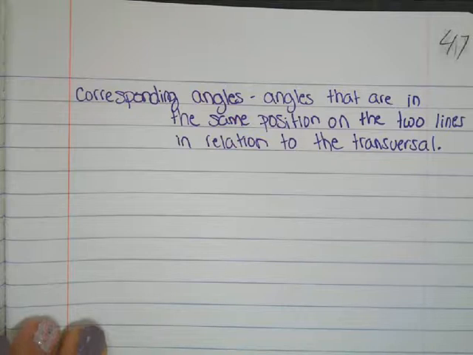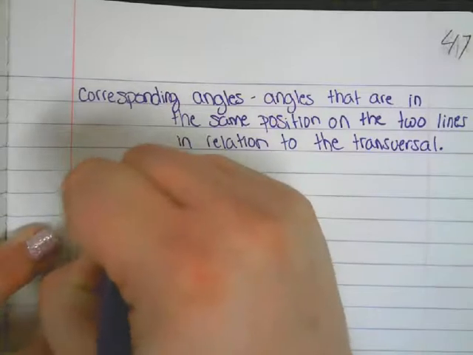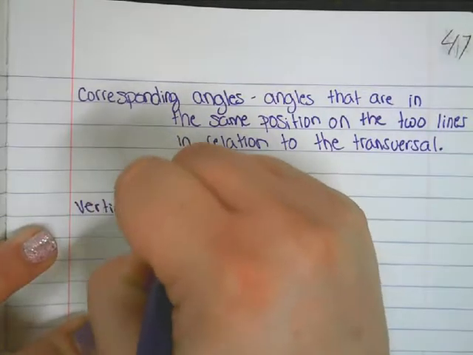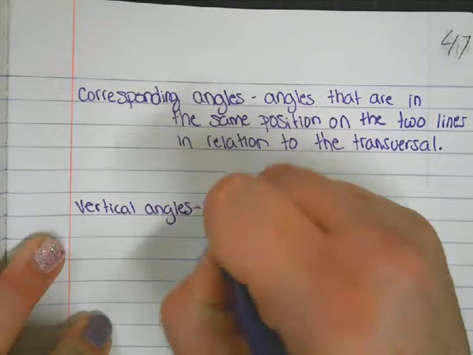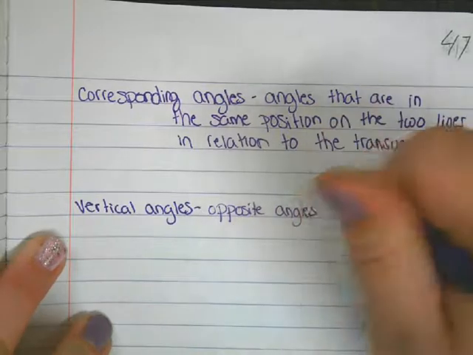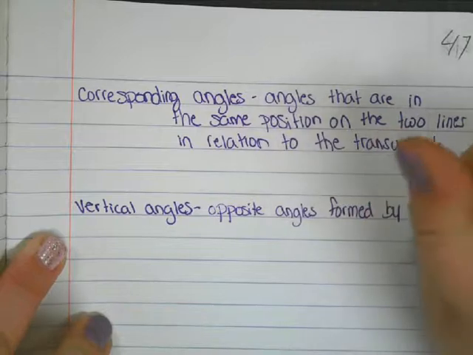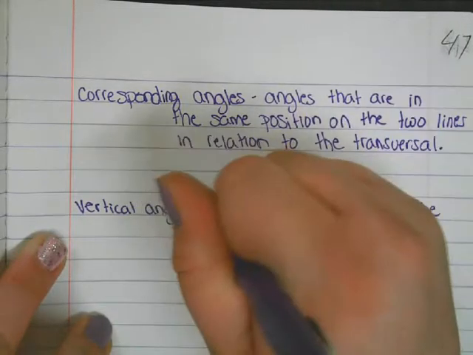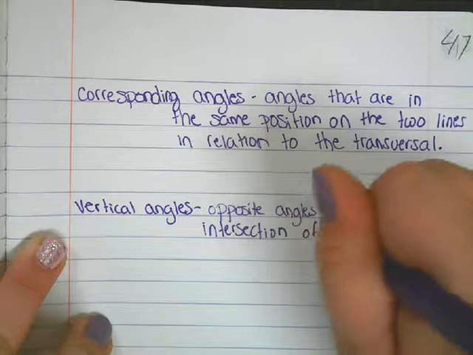The next one we're going to look at, vertical angles. So vertical angles, opposite angles formed by the intersection of two lines. Vertical angles are congruent.